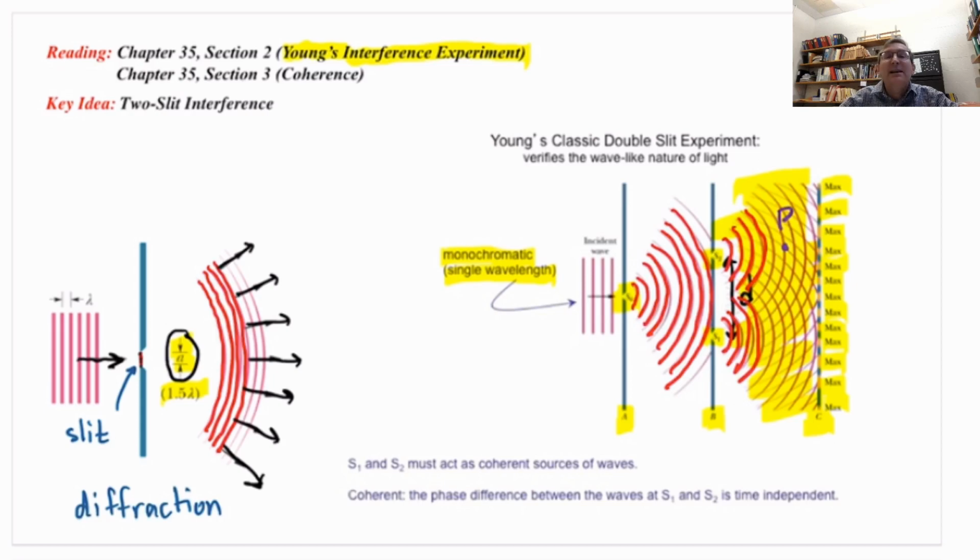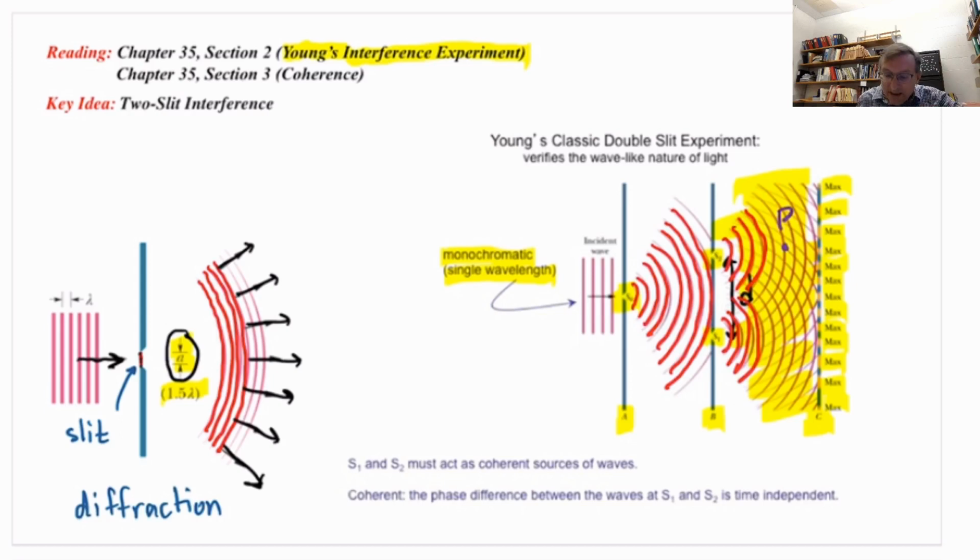Now, there is one technicality I will mention here about doing this experiment, which is one of the reasons it was very difficult to do. The two little narrow slits in screen B, the slits labeled S1 and S2, act as sources of light.